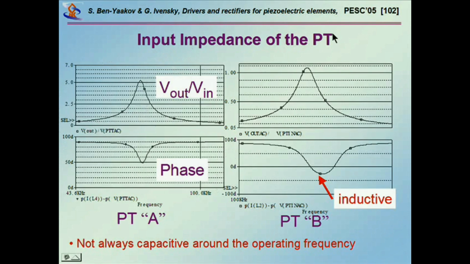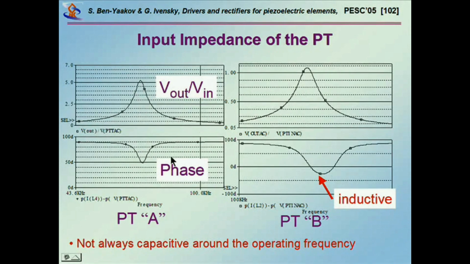Now, let's start with the input impedance of the PT. If you look at the input impedance of a loaded PT, this is shown for two different transformers. This is not V out over V in, I'm sorry. This is the input impedance. Please correct it, this is mislabeling here.